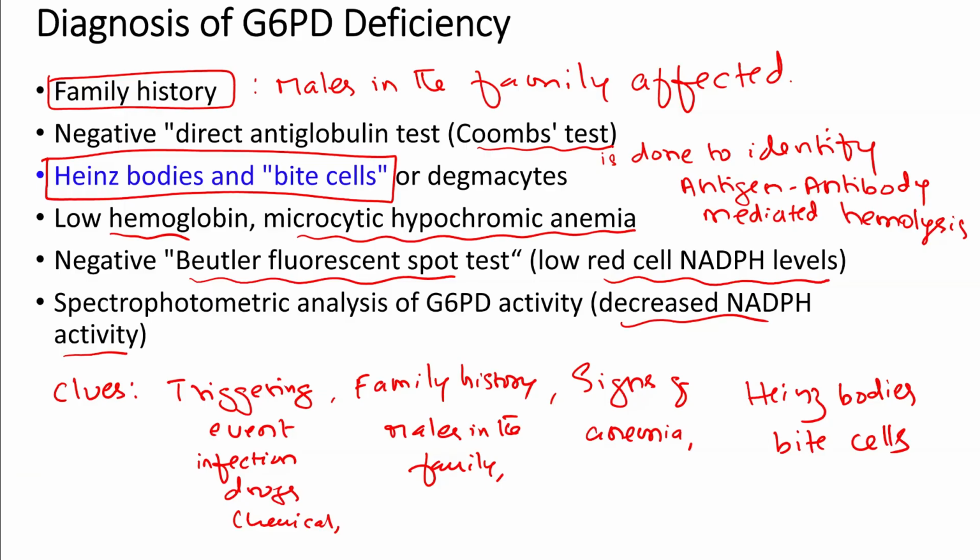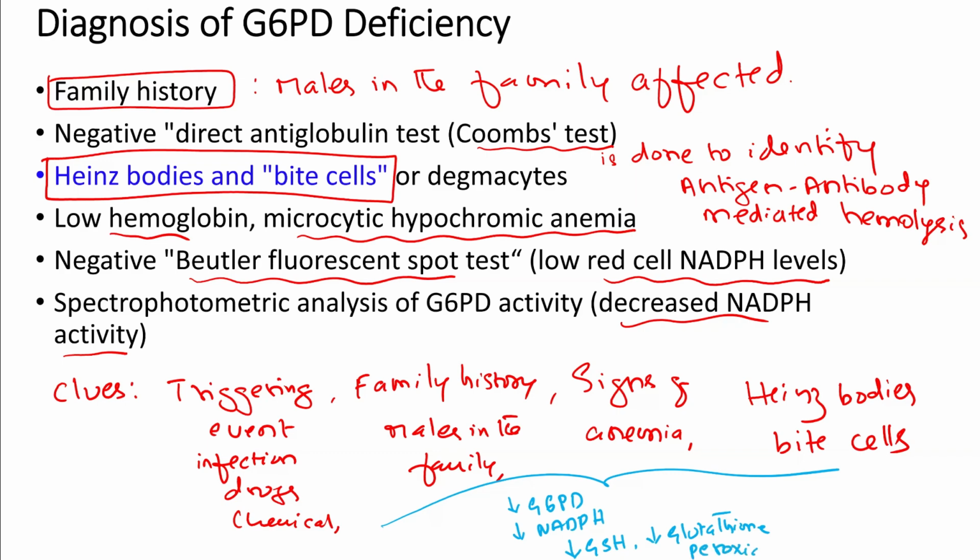That's it. So if you look at all these things, then your answer will be decrease in G6PD, decrease in NADPH, decrease in GSH, decrease in glutathione peroxidase, decrease in glutathione reductase, increase in H2O2, increase in GSSG, oxidized glutathione.